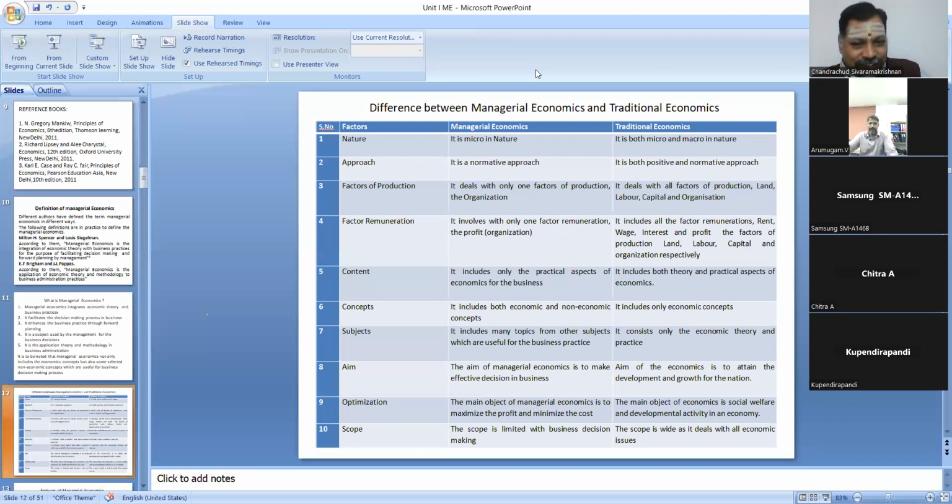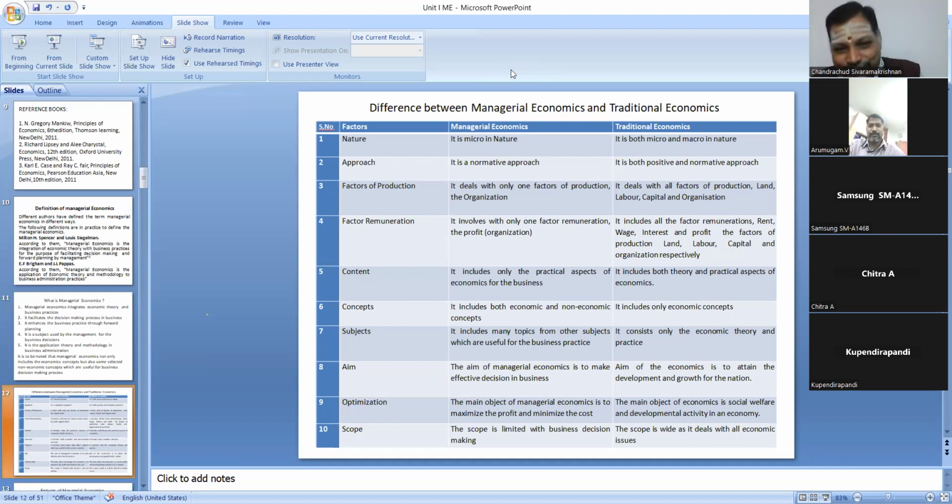Then the concepts: managerial economics will include accounts, operations research, game theory, statistics, mathematics, all those subjects. But in economics, only economic concepts will be there. So managerial economics includes both economic and non-economic concepts.